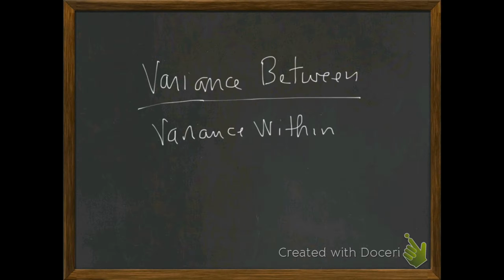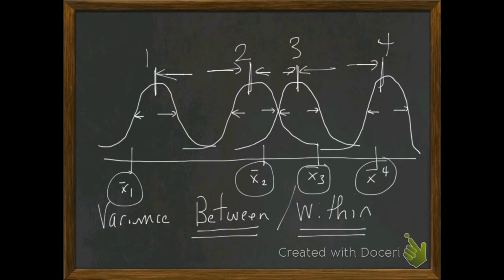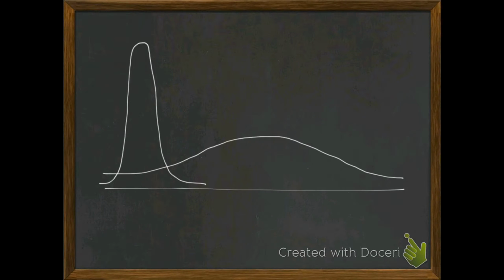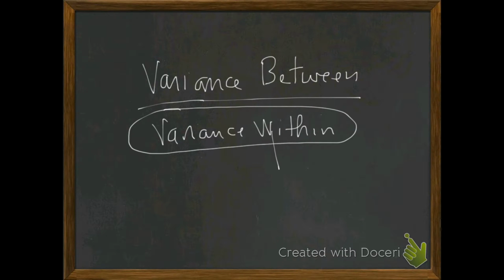Well, he controls this right here, the variance within the distribution, by saying that we're really not going to allow these within variations to fluctuate because we're making them equal. The assumption again is equal variances. So this value right here is stable.